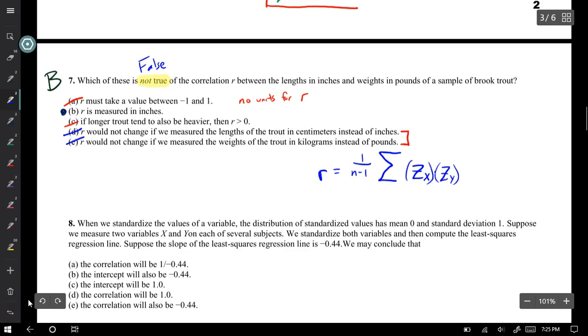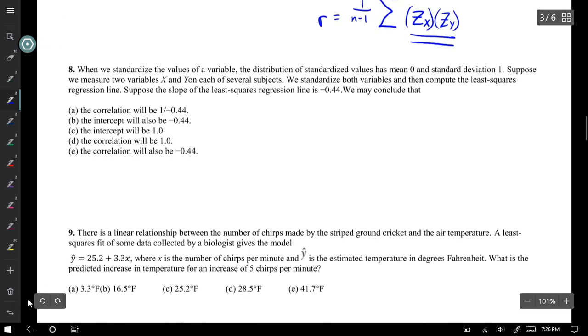So R is calculated from standard scores, standardized units, which is why D and E are not correct. But we need to know there's no units for R and that R does not change when you convert between units because it is converted from z-scores. It is found that way.